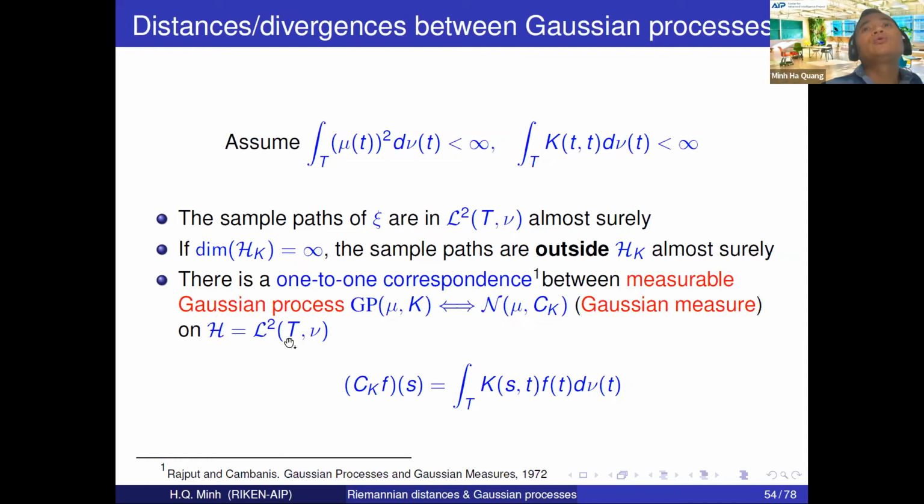According to a result by Rajput and colleagues a long time ago, in 1972, this condition is necessary and sufficient for the following.